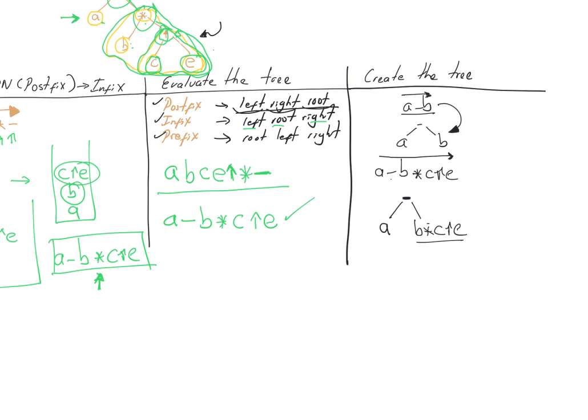I find the operator as the node, and I take the left here and the right here, and I do the same here. I have one operator and two operands, so I take the operator as the root and the operands on left and right. Yes, so this is the way we create the tree.